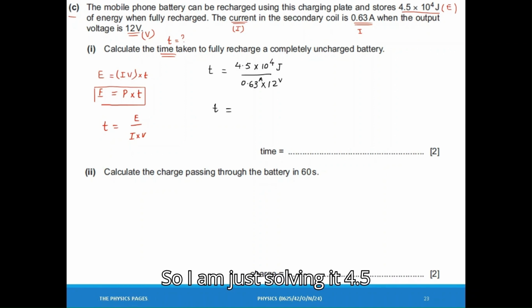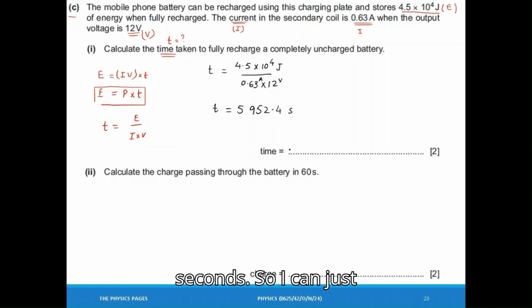So I'm just solving it. 4.5 times 10 to the power 4 divided by 0.63 times 12. What I got is 5952.4 seconds.